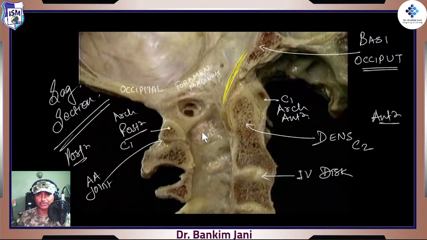So it has to go to C2. That is the body of C2. So these fibers are going up to this point. So that's it. What we are watching is the tectorial membrane.